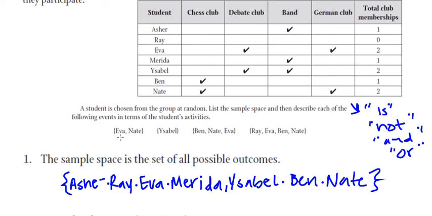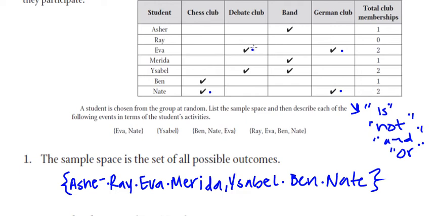So the first outcome we're looking at is Ava and Nate. So what we want to do is look up here and figure out what is true about Ava and Nate. Well, Ava is in debate club and German club, and Nate is in chess club and German club. So I want to be able to write a statement that is only going to give the results of Ava and Nate. It can't give any other results, only Ava and Nate. So if I said the student is in debate club, well, that wouldn't work because only Ava's in debate club.